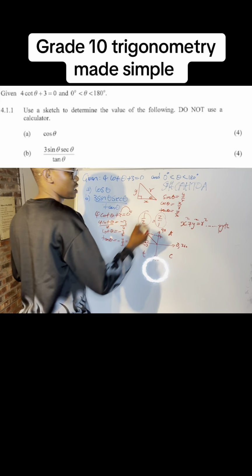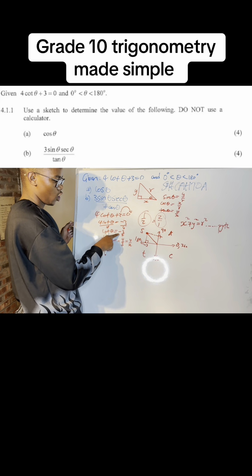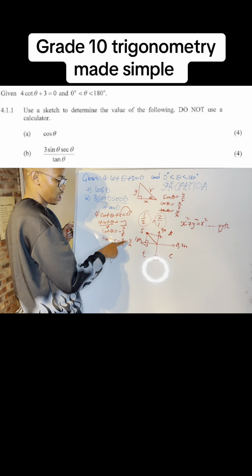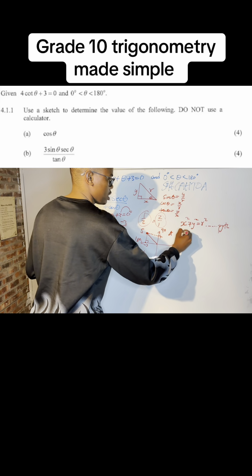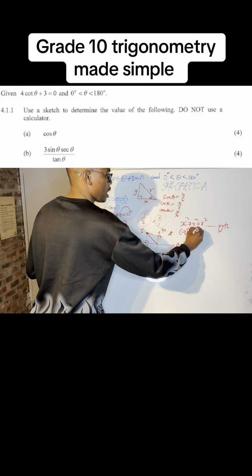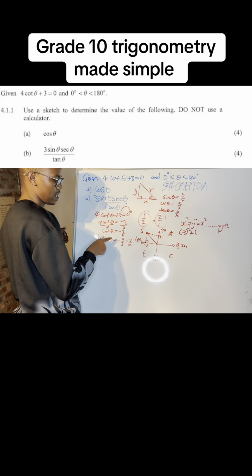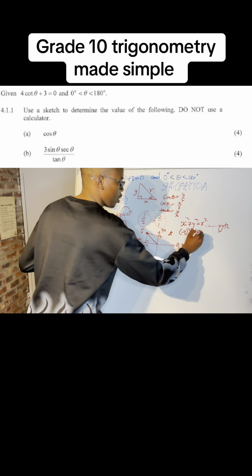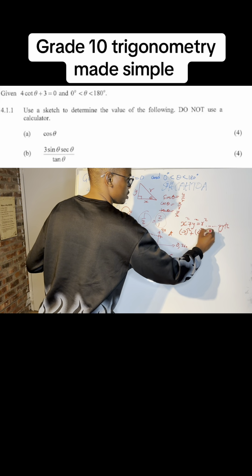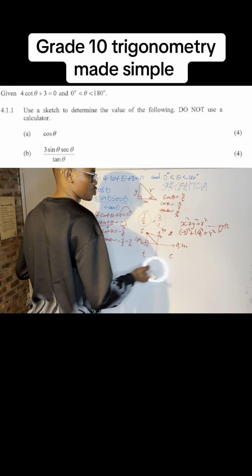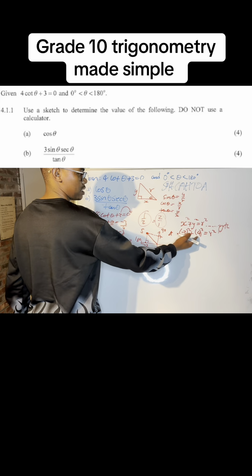According to this, I have the value of x and y. Then I substitute them here: negative 3 squared plus the value of y. What is the value of y? The value of y is 4. Then I'm going to say 4 squared is equal to r squared. This is 9 and then this is 16.